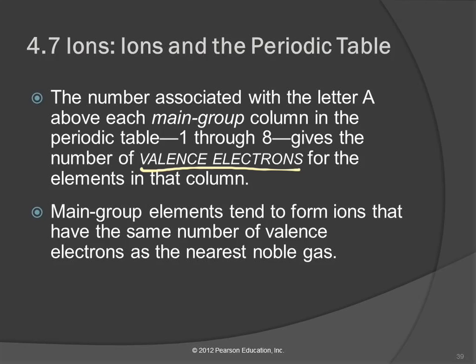Those main group elements tend to form ions in which they have the same number of valence electrons as the nearest noble gas. Which column is the noble gases? 8A. How many valence electrons do the noble gases have? 8. So these main group elements are going to form ions that have the same number of valence electrons as the noble gases.